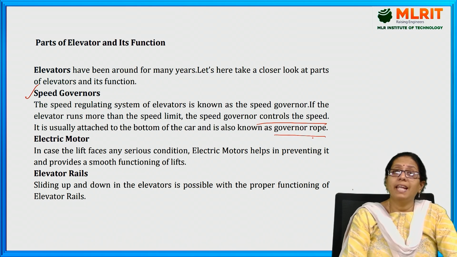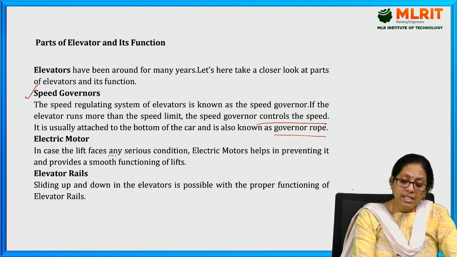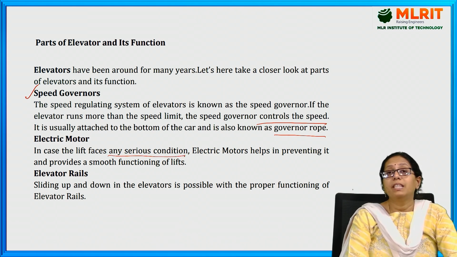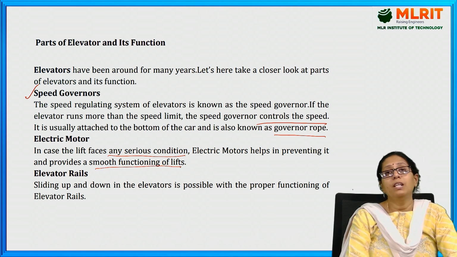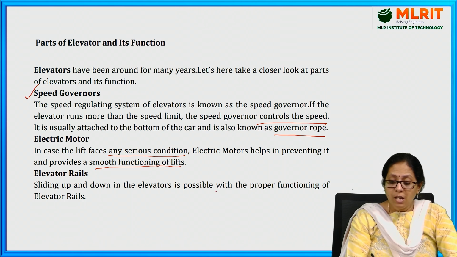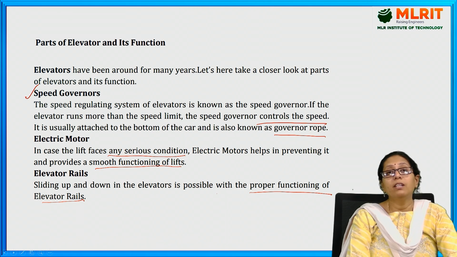Next one is the electric motor. In case the lift faces any serious condition, the electric motor helps in preventing it and provides smooth functioning of the lift. Next one is the elevator rails. The sliding up and down of the elevator is possible with the proper functioning of these elevator rails.